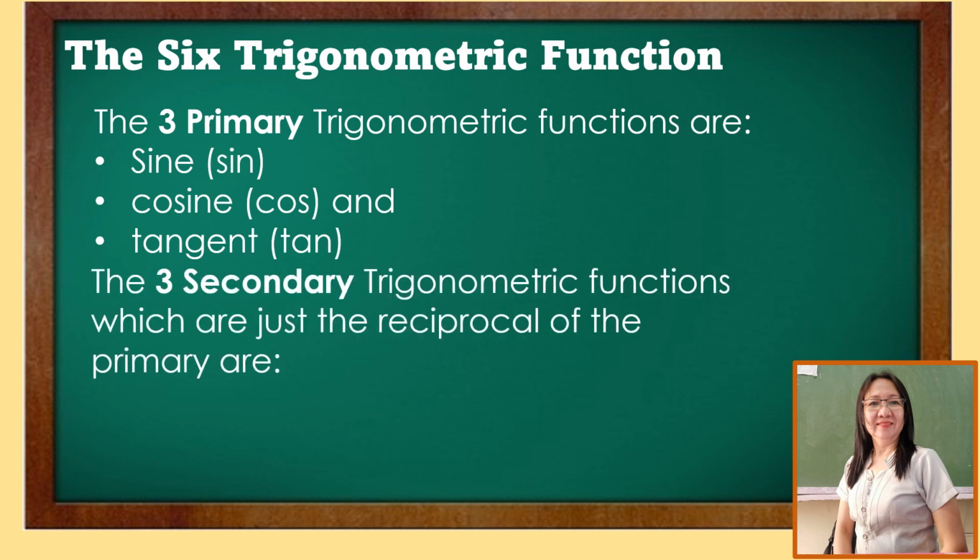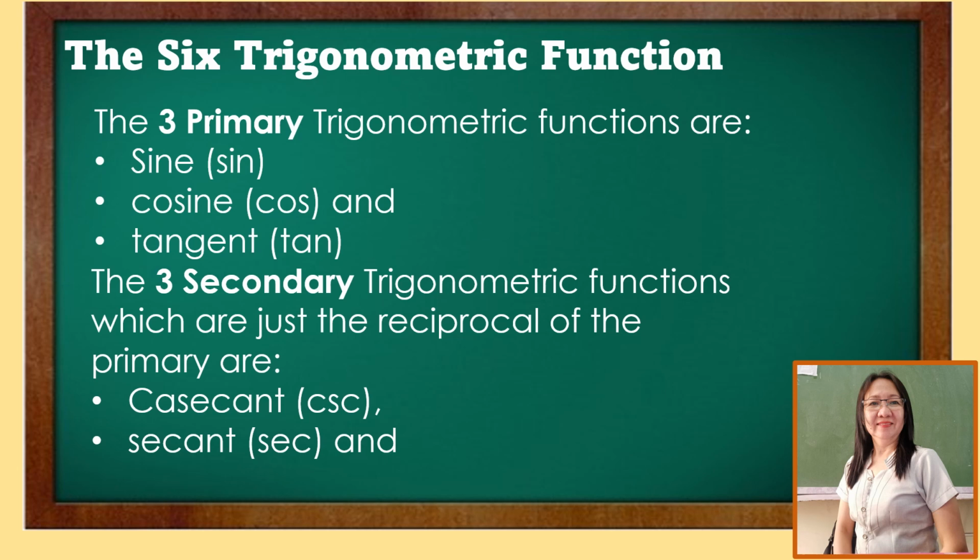The three secondary trigonometric functions, which are just the reciprocals of the primary, are the cosecant, which we're going to write as CSC, the secant, SEC, and the cotangent, COT, respectively.